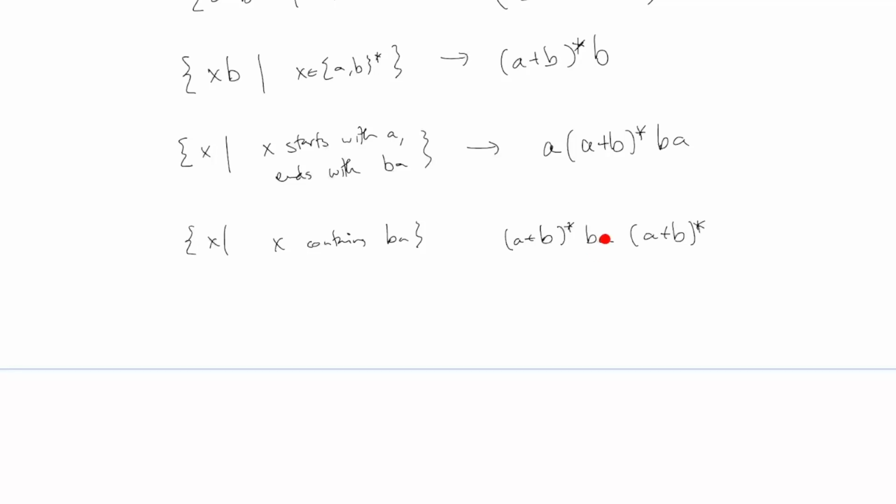I like this. BA has to be in there somewhere. It can have any other stuff before it, any other stuff after it. Yeah? Could those in the parentheses be empty strings as well? Yes, because the star, remember, always means iterations 0 or more times. So if you want, they could just be empty strings.